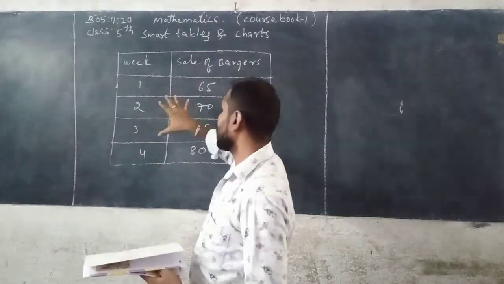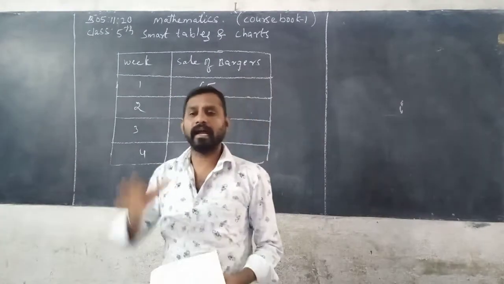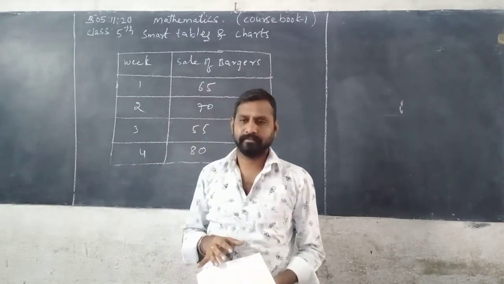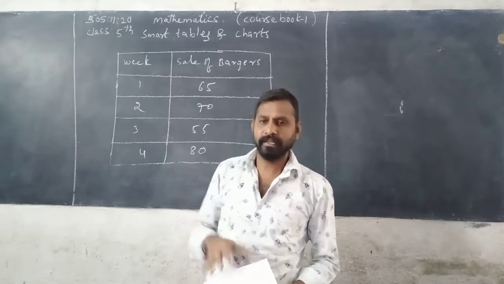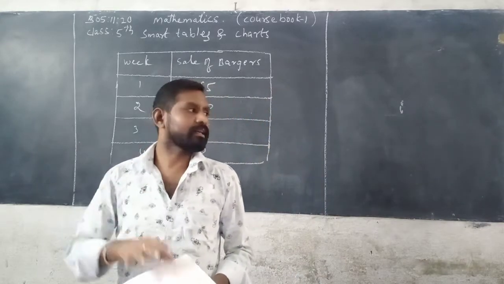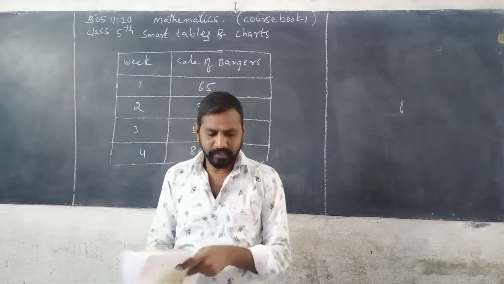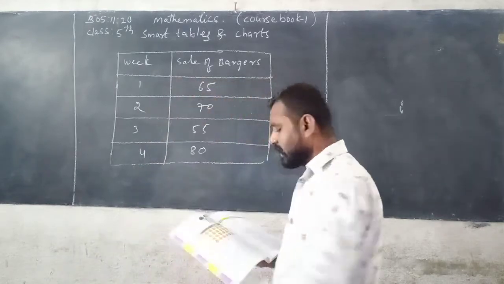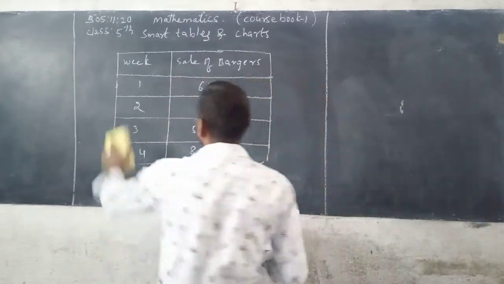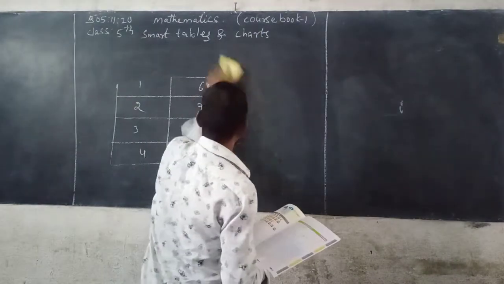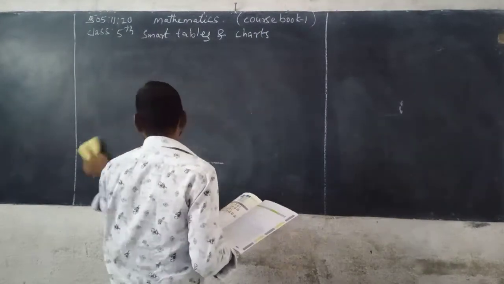This data can be represented as pictures, meaning a pictograph. The given data represented in the form of pictures is known as a pictograph. Now I am writing a table for the pictograph. Listen carefully.